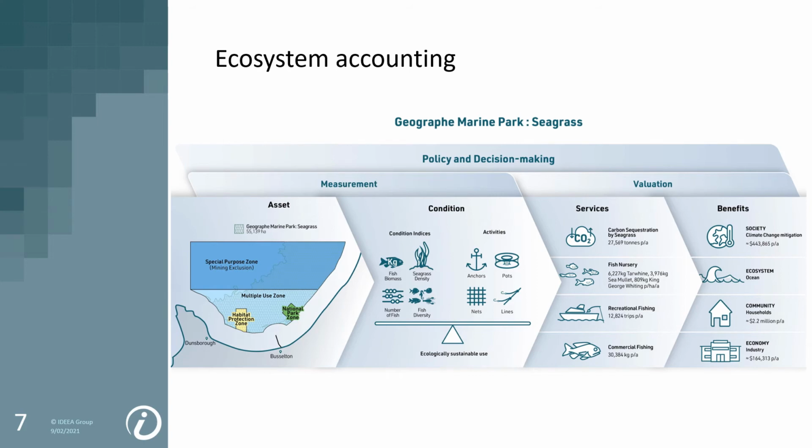Within the condition element, you can see there's a little set of scales at the bottom, and it's labeled ecologically sustainable use. And this is one of the premises of Parks Victoria, is how do they tell an ecologically sustainable use story. So trading off between the condition indices and activities whilst maintaining these services and benefits.